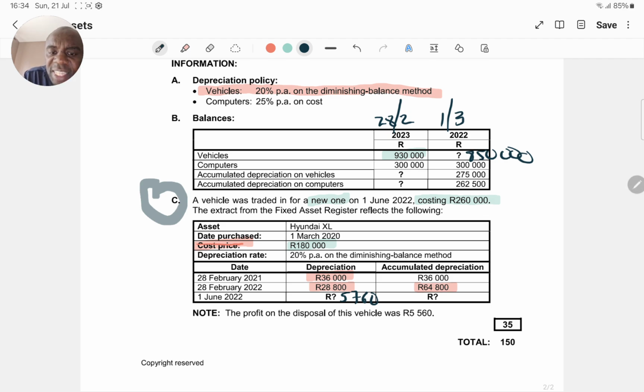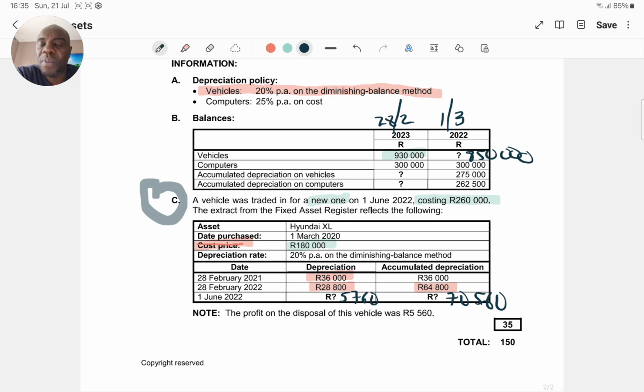So I'm going to add 36,000 plus 28,800 plus 5,760, or you can simply say 64,800, which is the accumulated depreciation up to the 28th of February 2022, plus 5,760. It gives me 70,560. That is the accumulated depreciation from the day that the asset was bought up to the day that the asset was sold.